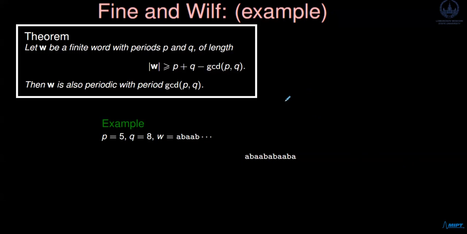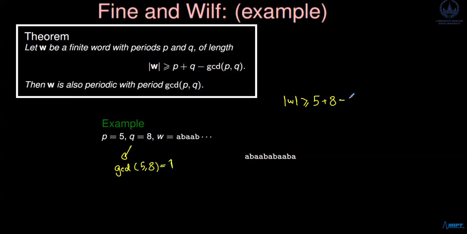We have |W|, we don't know what the length of W is here, greater than or equal to, and now P is 5, Q is 8, and the GCD of these two numbers, GCD of 5 and 8, is 1.